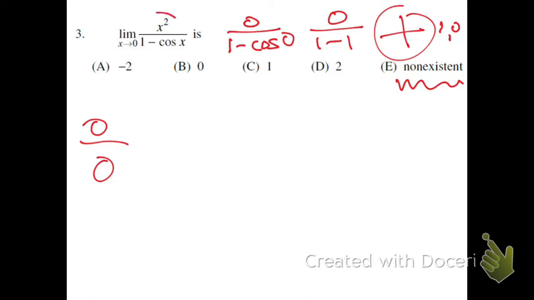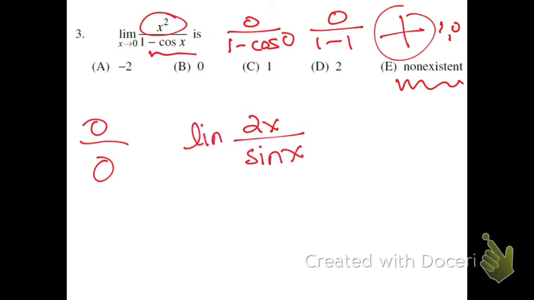So derivative of the top is 2x. Derivative of the bottom, derivative of 1 is 0, and derivative of a negative cosine would be sine. Reevaluate the limit. Okay, plug in 0. The numerator is 0. The denominator, sine of 0, would be 0. So this is L'Hopital's rule again.